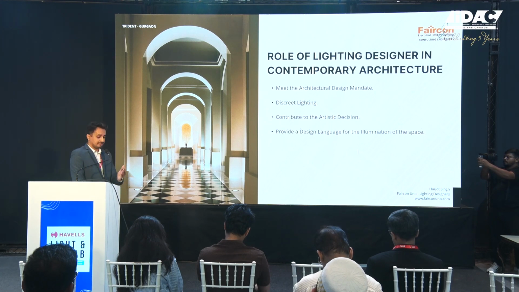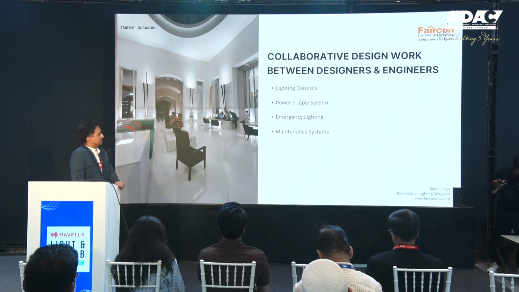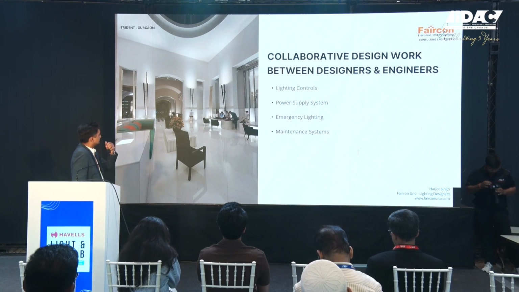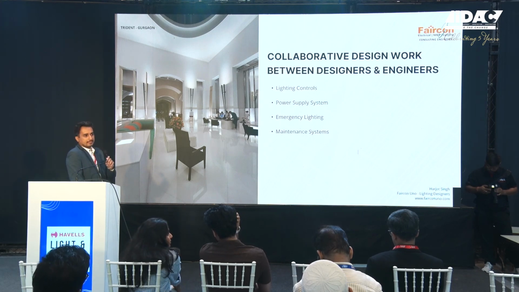The design language for the illumination has to be set by the lighting team. That has to be followed by the electrical designer. He cannot have his conduit coming in between and messing up your light fixture design. For the engineer, this is the reception hall of the same Trident at Gurgaon.